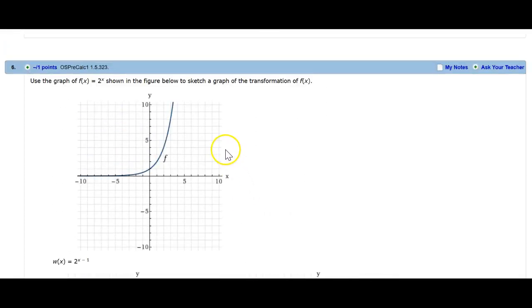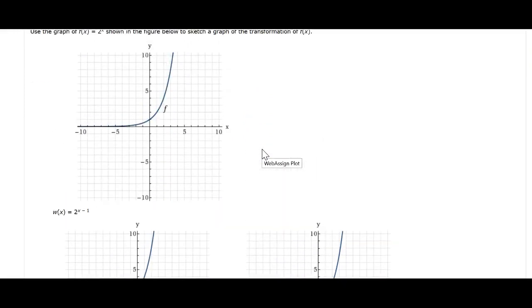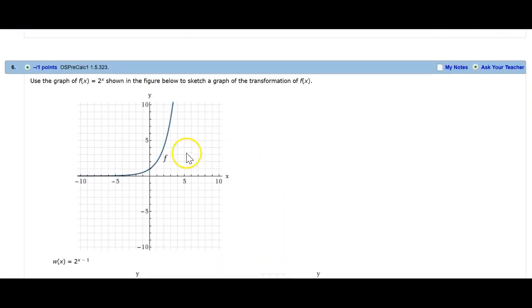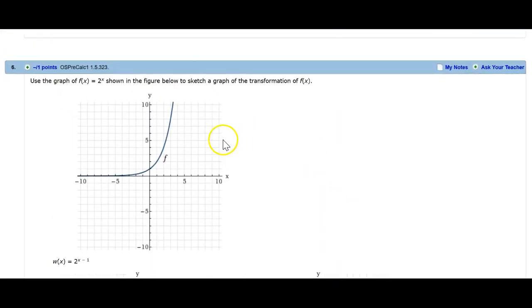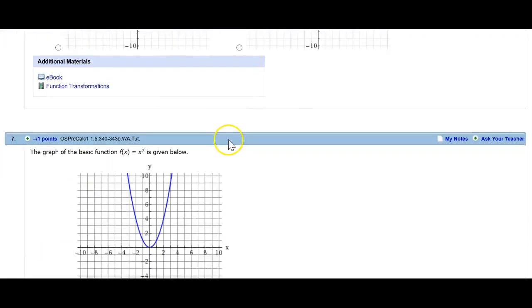So I recommend that you practice as well on paper and pencil. There's opportunities to do that in the lab manual, or you can just look at your computer screen and without looking at the answers, try to sketch what they're asking for.